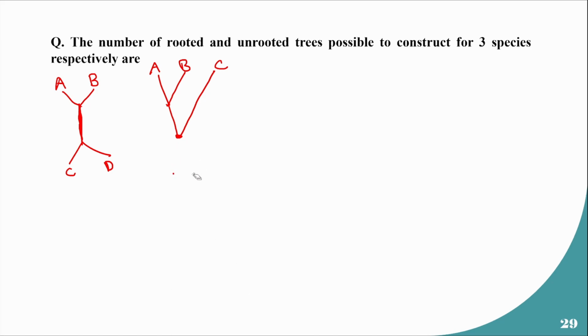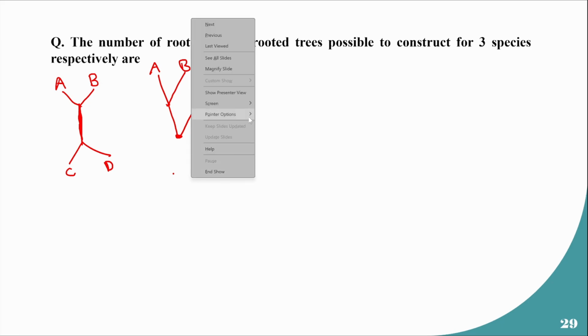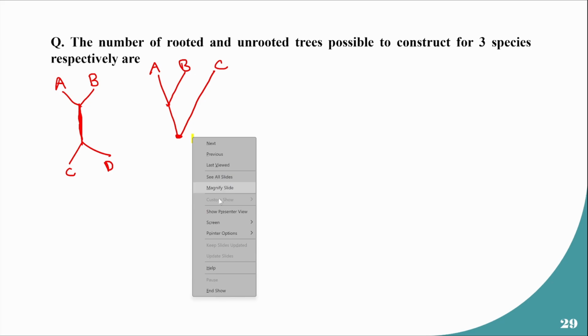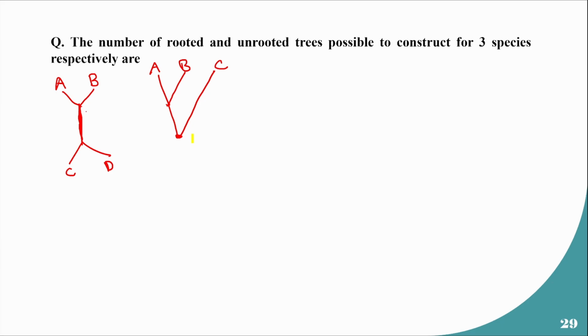If you do not even put a name, that would be also fine. But basically, what is happening here is that you do not know where the common ancestry point is in between this A, B and C, D as a unit, where it lies. So that will be the concept of an unrooted tree.